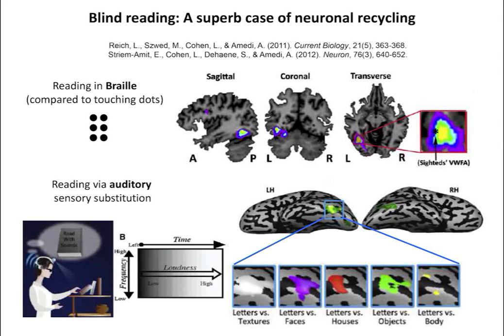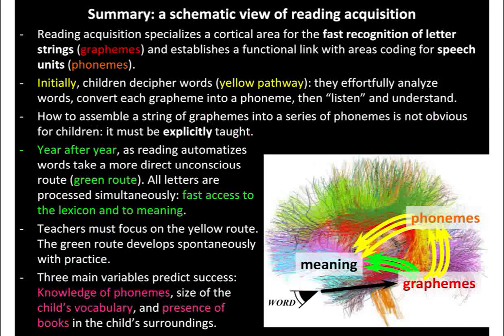What this means is that perhaps the visual word form area is not very well named. It is a word form area, but the visual part is not so important. What's important is its contribution to recognizing shapes that can be mapped onto speech. Whether they are from touch or from audition, the same circuit will be used because this is a circuit that connects to the language system.